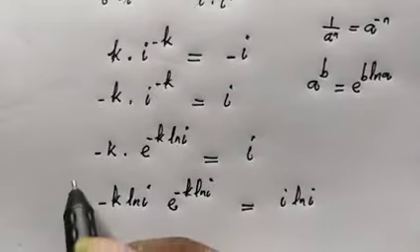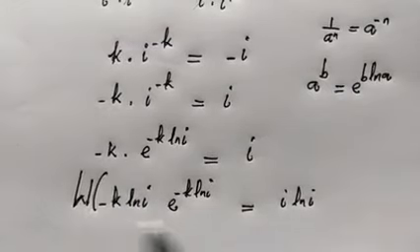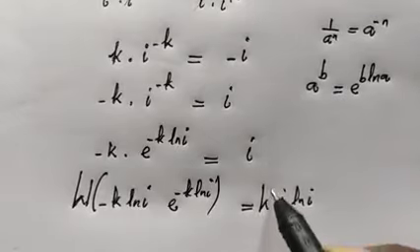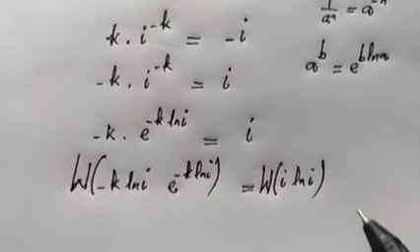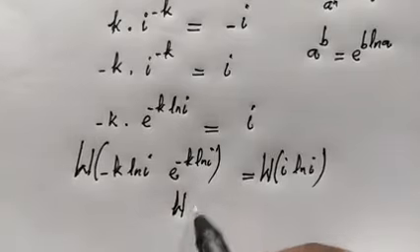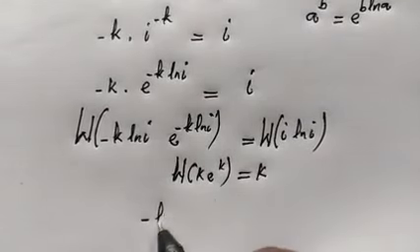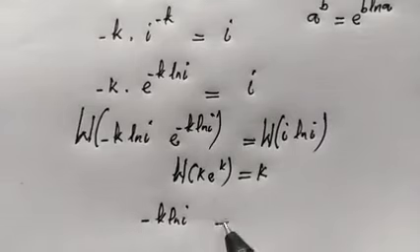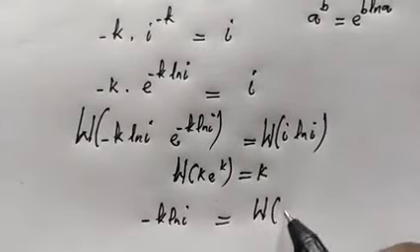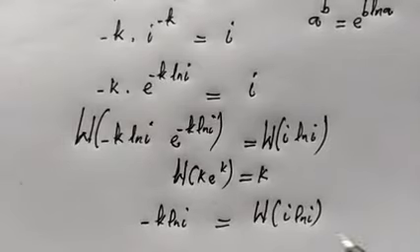Okay, let's take the Lambert W function on both sides of this equation, and we are obviously very familiar with this function. The W of k times e raised to the power of k is giving us k. The left hand side simplifies to -k ln of i is equal to the W of i times the ln of i.